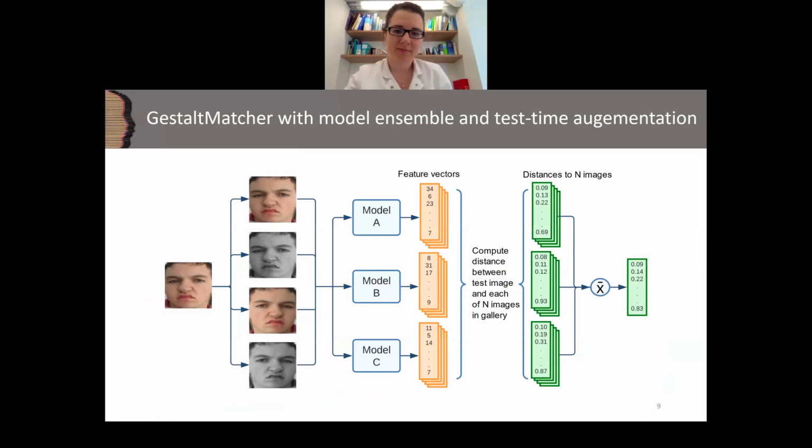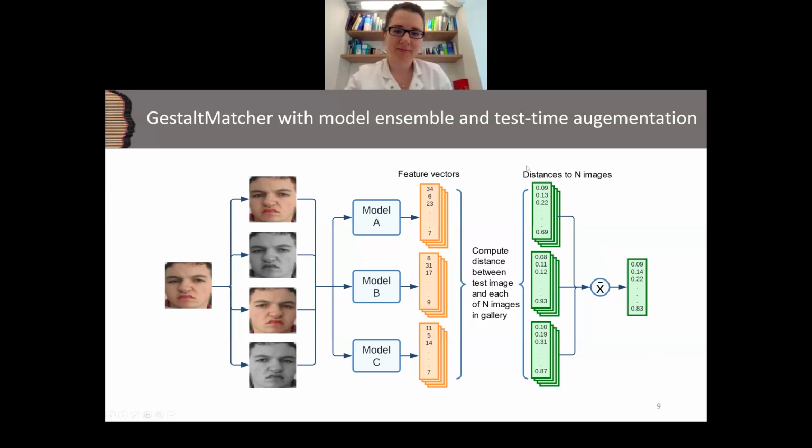Later we tried different techniques to improve the performance. The first is called model ensemble and test time augmentation. For the test time augmentation, we do some flipping or coloring, so we have 4 different versions of the photo to test at test time. We also train 3 different models, trying different regularization and different architectures, to find a more balanced way to train the models.